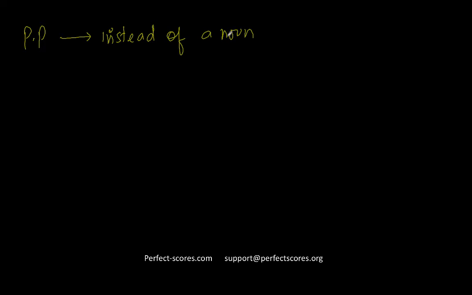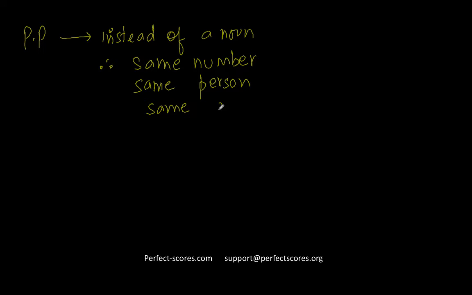That means it must be of the same number. It must be of the same person, first person or second person, and it must be of the same gender. So what we're looking for is consistency. You need to be very clear that the pronoun correctly matches the noun for which you're using it.